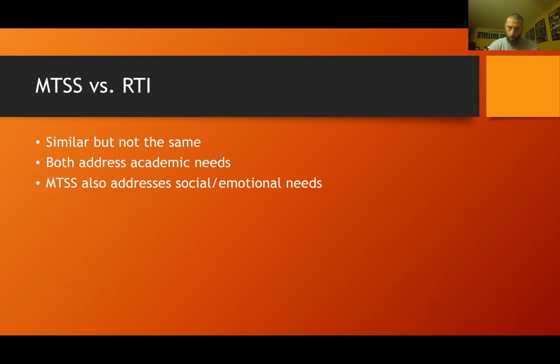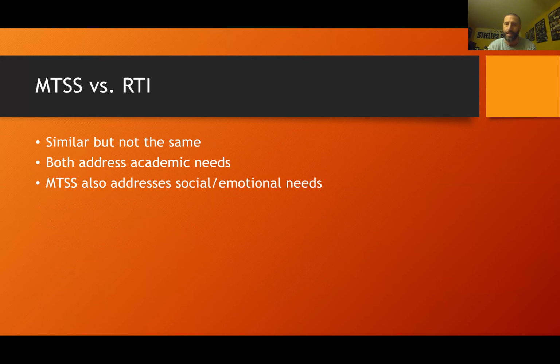And there's a reason this data is a little bit different. That is because one often overlooked fact is that MTSS and RTI, response to intervention, are not the same thing. They are very similar. Both of them address academic needs, and they have a multi-tier system to address those needs.